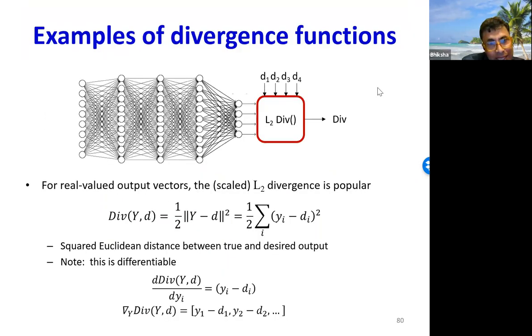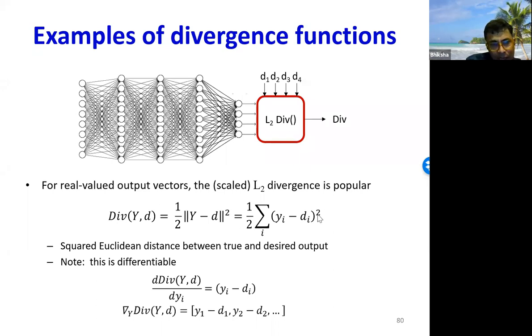Now, when the desired output is a real valued vector, like in a regression problem, then there's a natural choice for the divergence function, which is the L2 divergence. This is simply half of the squared Euclidean distance between the output vector of the network and the target vector that you want to compute, which is half of the sum over all of the components of the squared difference between the corresponding components of y and d.